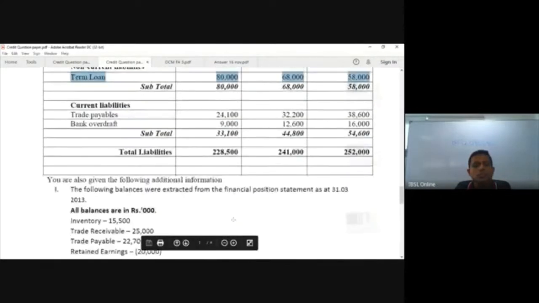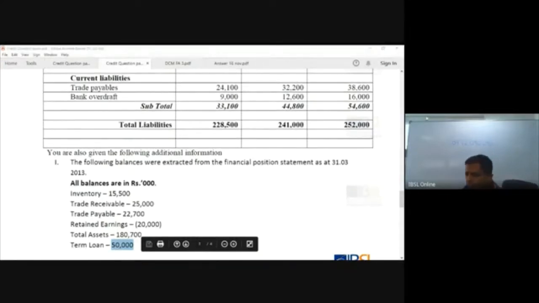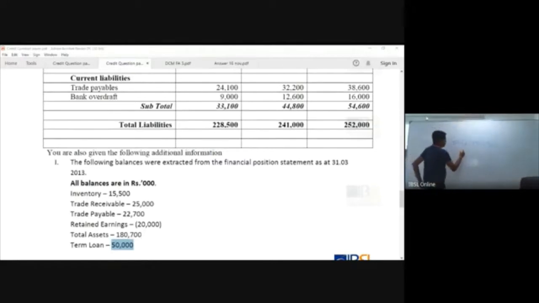Now go to the notes. Under notes, the term loan for 2013 is 50,000. That is the long-term loan. And the 2014 end balance is how much? 80,000, which I took from the balance sheet.